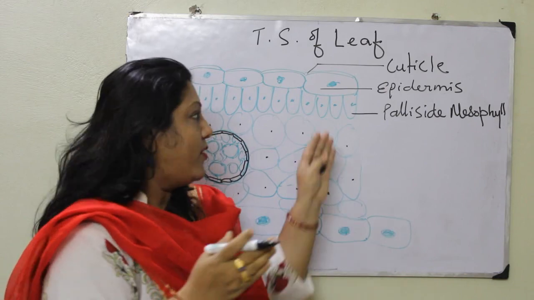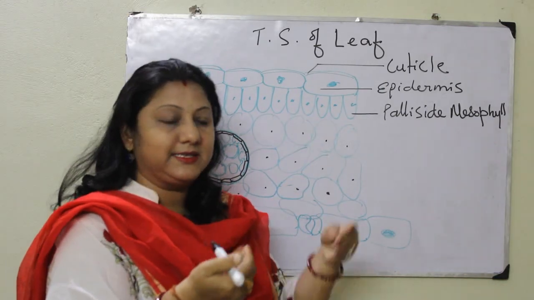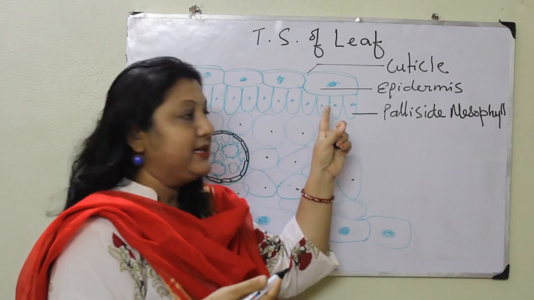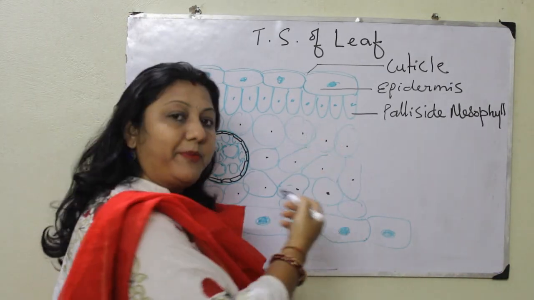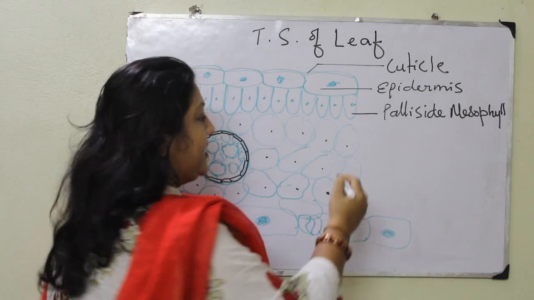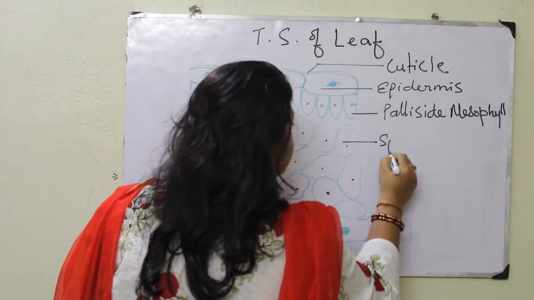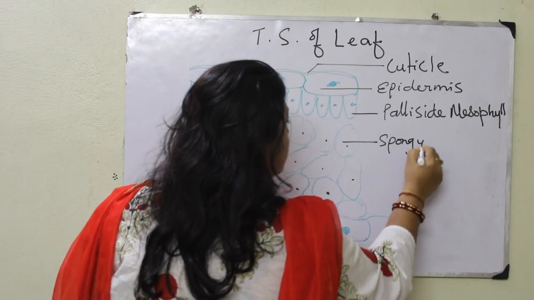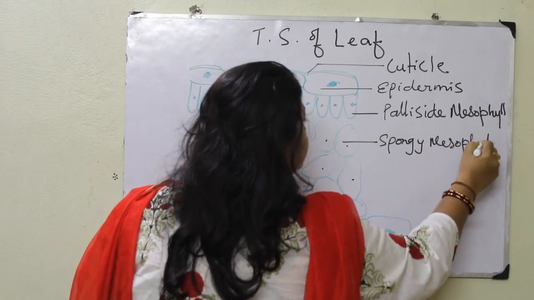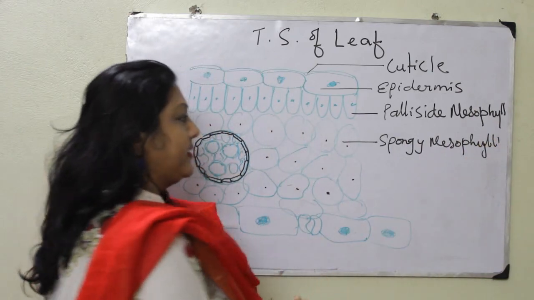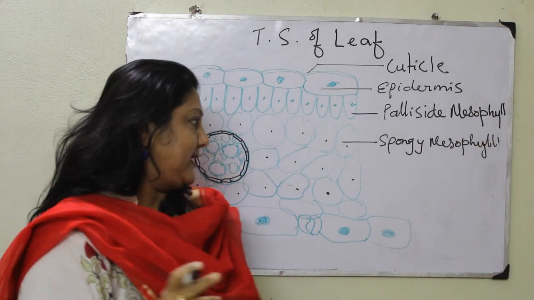Whereas the more tightly connected cells found in the upper layer are called the palisade mesophyll cells. So both are parenchymatous in nature, right? So I will write it as the spongy mesophyll cell.